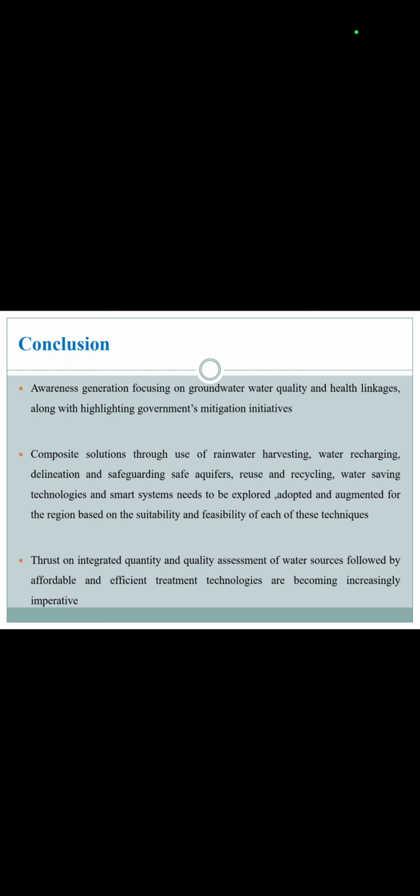Composite solutions through rainwater harvesting, water recharging, delineation and safeguarding of safe aquifers, reusing and recycling water, and using smart systems like metering would go a long way in the sustainable management of groundwater resource. Integrated quantity and quality assessment of water sources, followed by affordable and efficient treatment technologies, are becoming increasingly imperative.